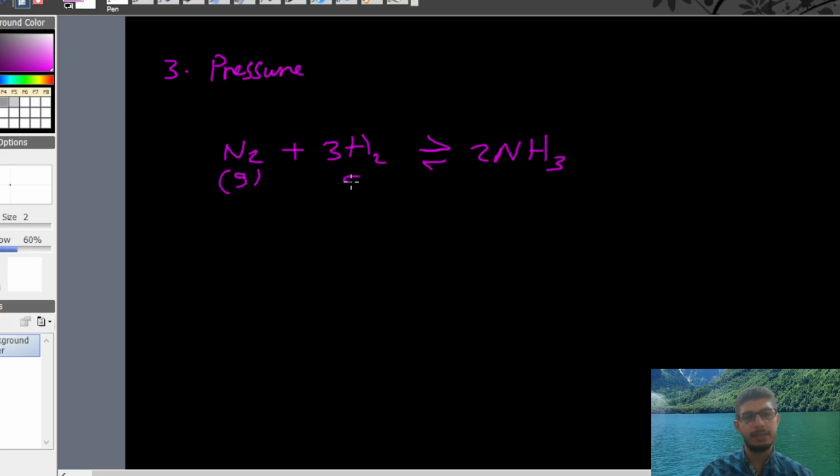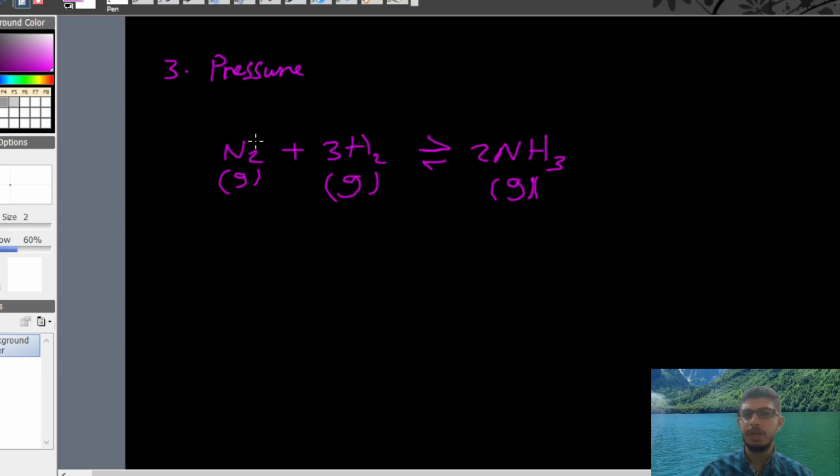This is a gas, this is a gas, and this is a gas, right? So what is the effect of pressure if I increase the pressure on this vessel? I have a vessel and I have those three gases here.